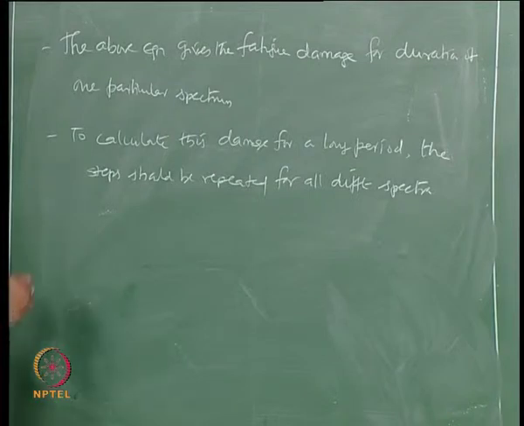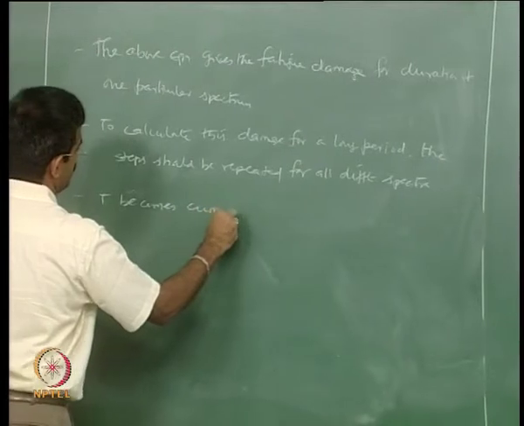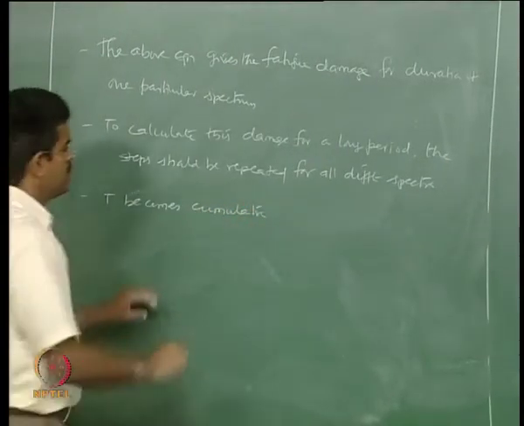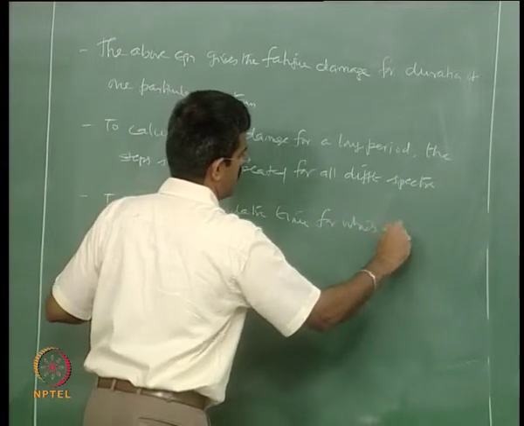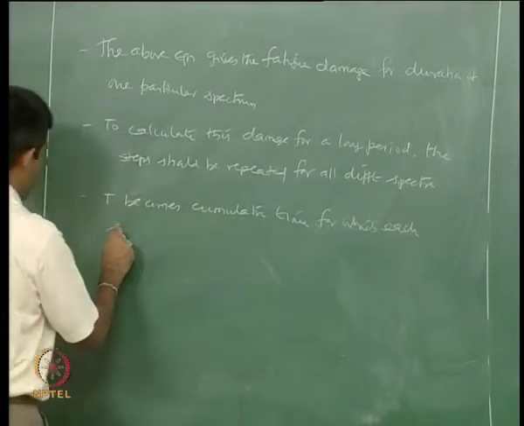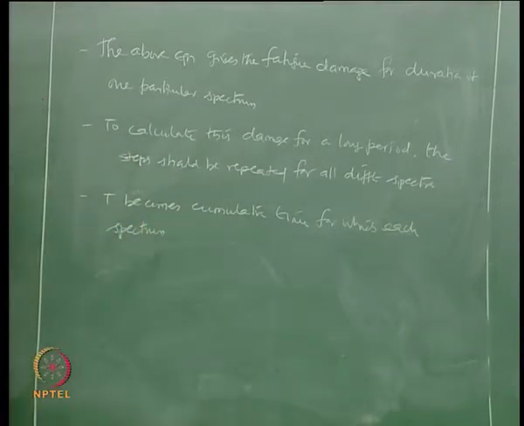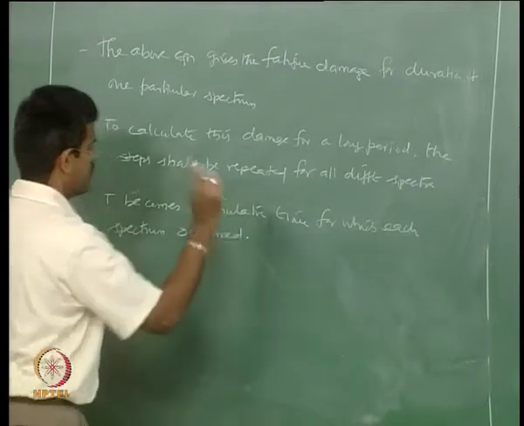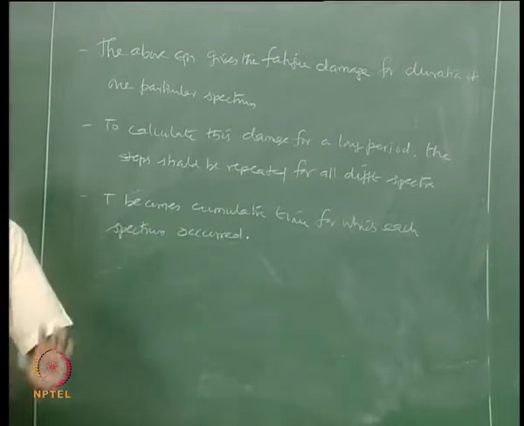In that case T then becomes the cumulative time for which each spectrum occurred. So, T is no more related to one specific value, it becomes a cumulative value.